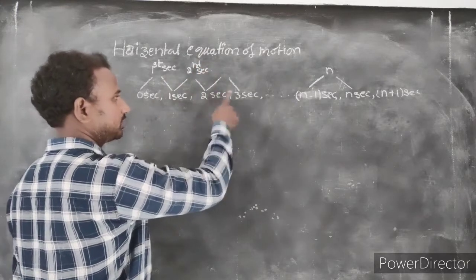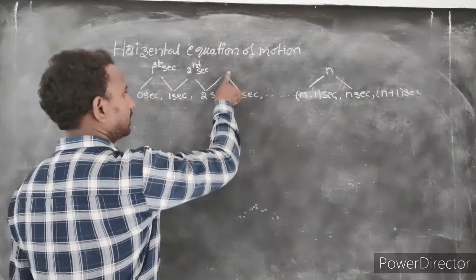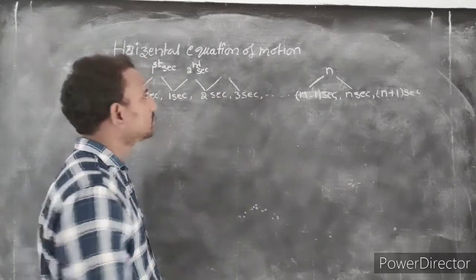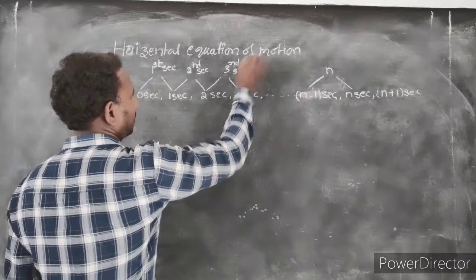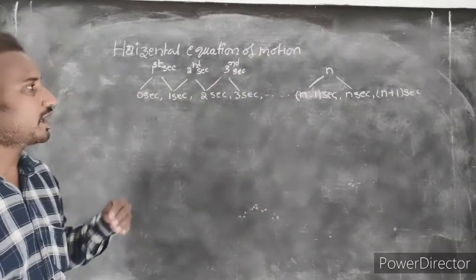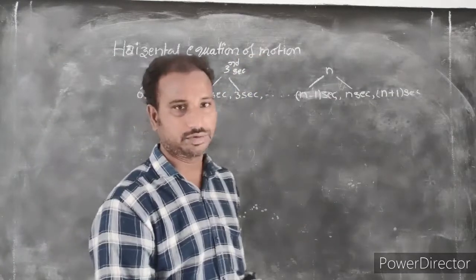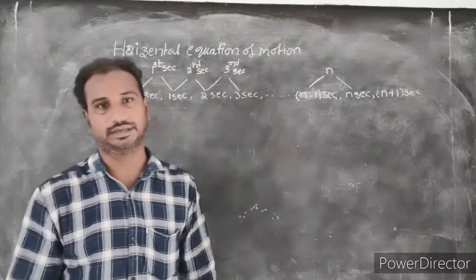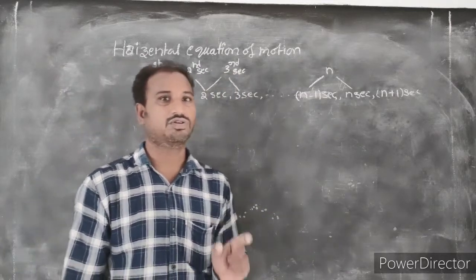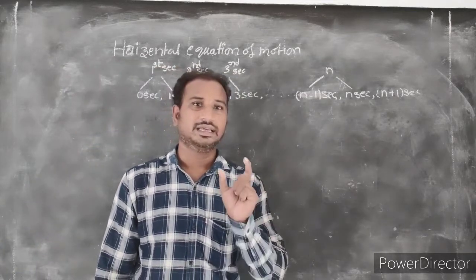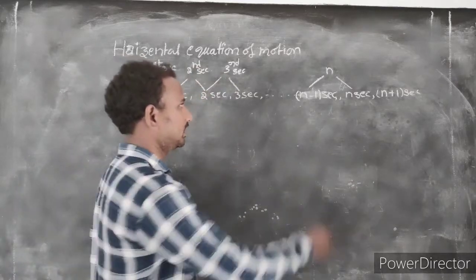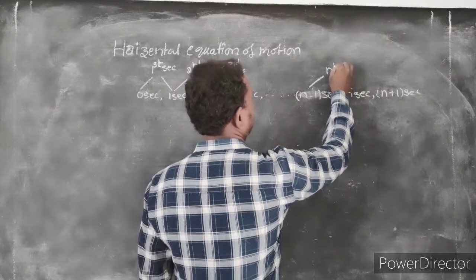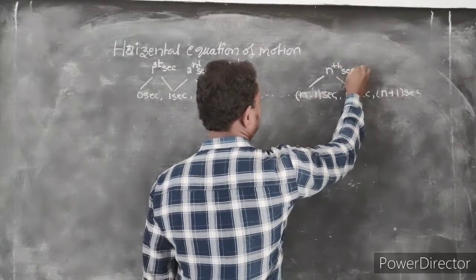The gap between 2 seconds and 3 seconds I represent as the third second. In that time we have to find the displacement. This displacement is called the displacement at nth second.